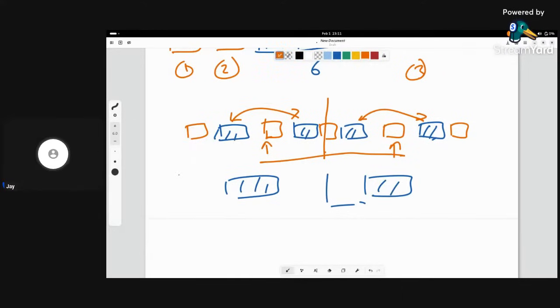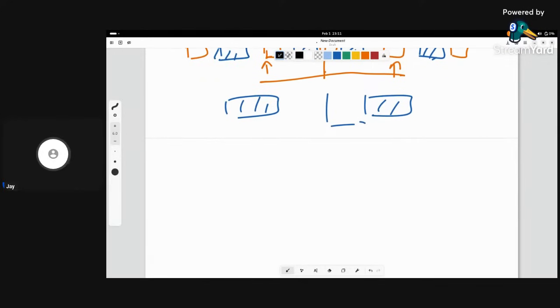Rather than that, it's always optimal to move consecutive meetings. So what do I mean by moving consecutive meetings? If you have a meeting over here, a meeting over here, a meeting over here, a few meetings over here, and you look at the free slots.